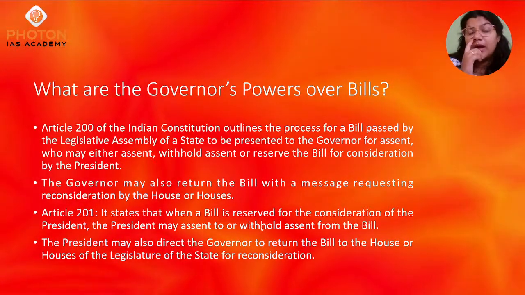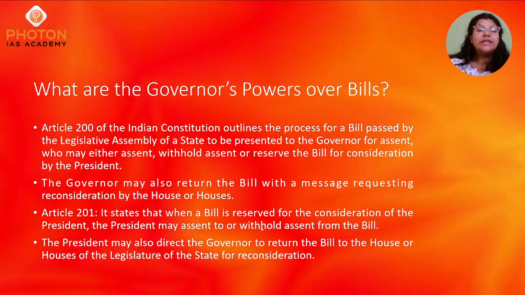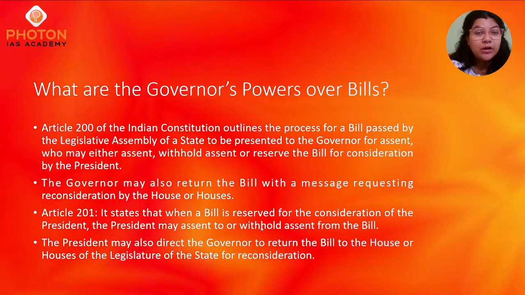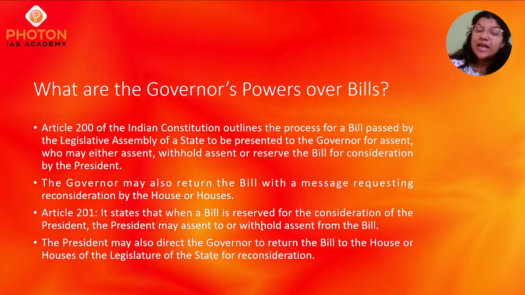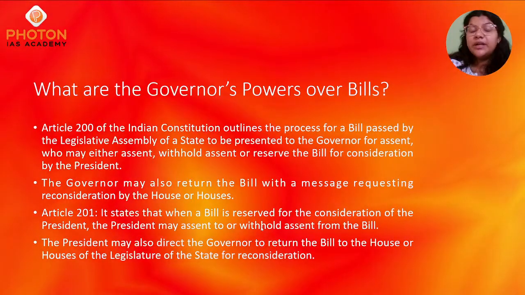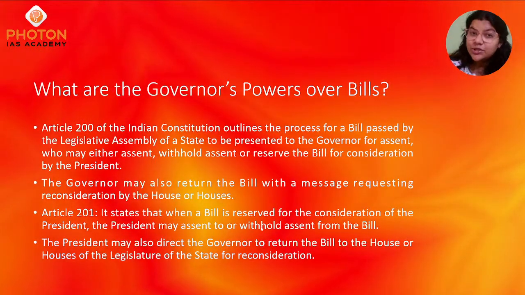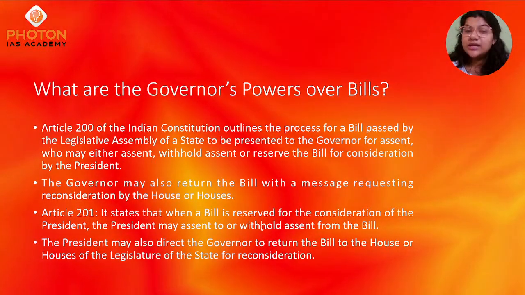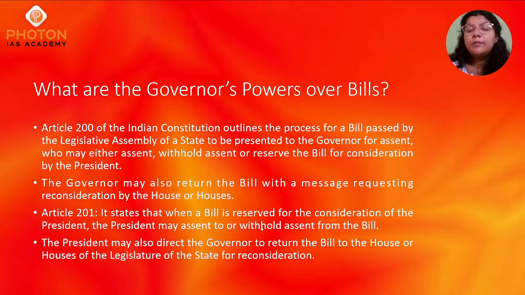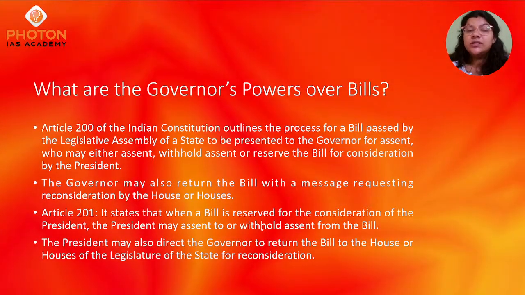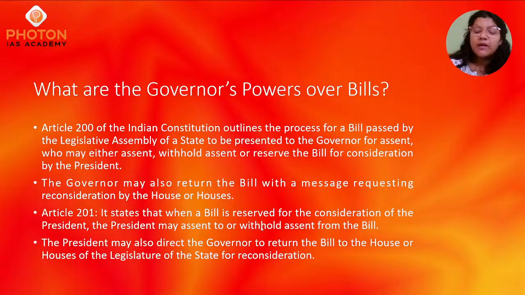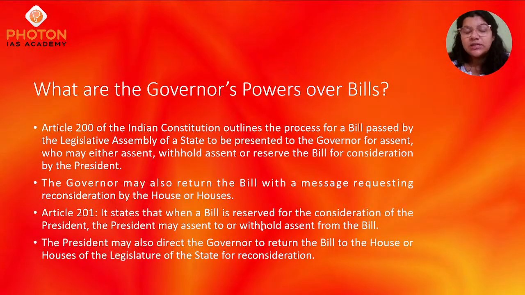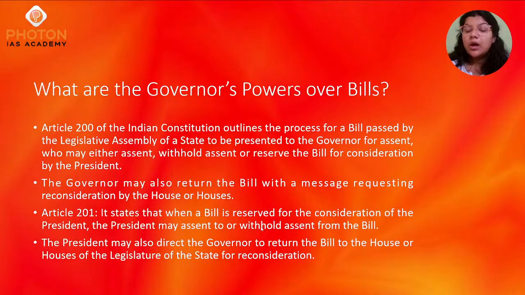Once suspensive veto is given, we've already seen that once a bill has been returned back to the legislature and then it has been resubmitted, the governor has to provide his assent, right? So that is suspensive veto. Once a bill has been tabled on the governor's bench, the governor can either give his assent, or he can withhold his assent, which is known as pocket veto, or what can he do?